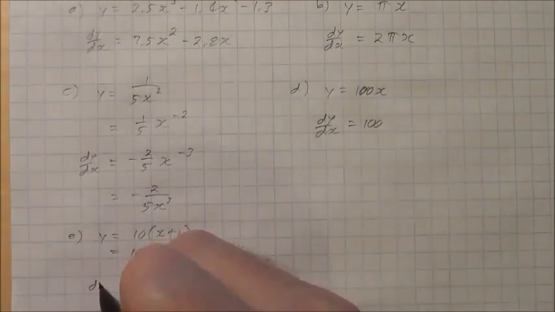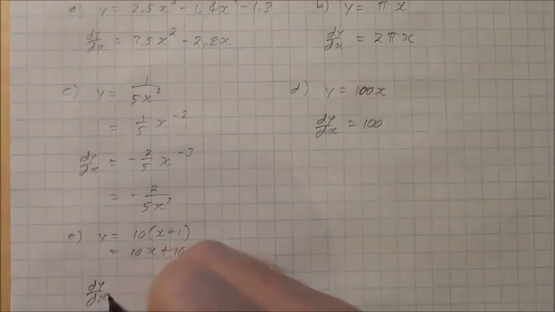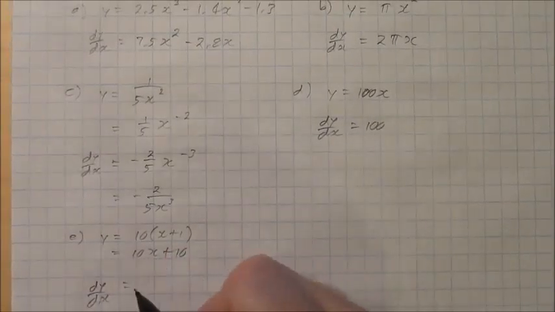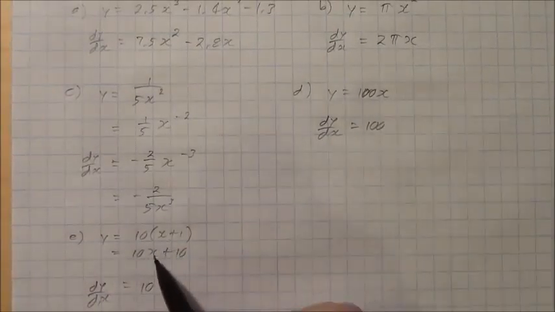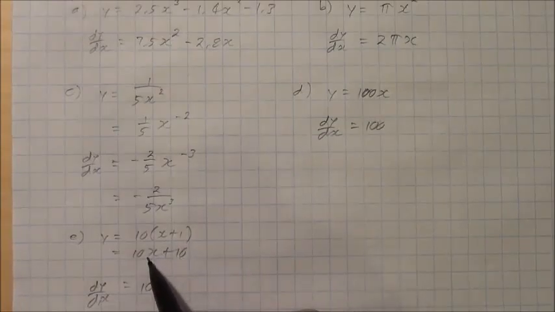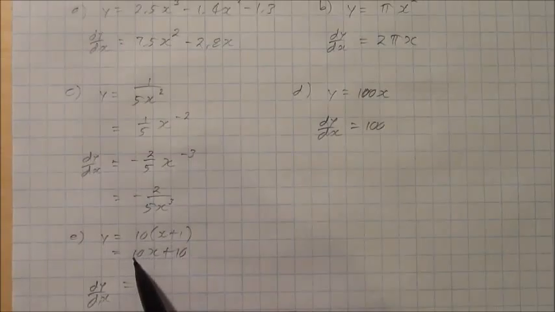And then when we find dy by dx, we're just left with 10. This becomes 0, and for this one, the 1 comes down in front to multiply by the coefficient, and we get x to the power 0, which then becomes 1, so we're just left with 10.